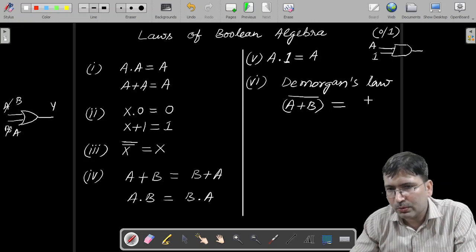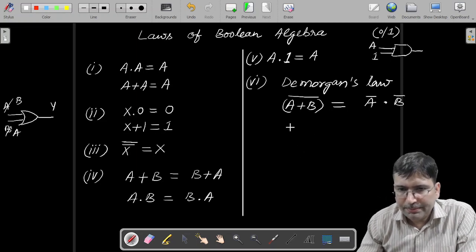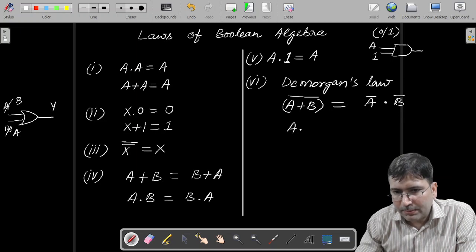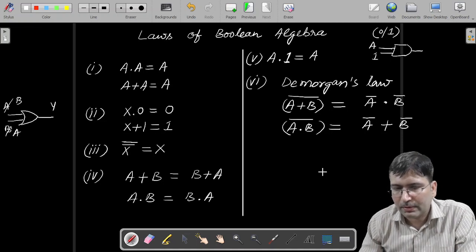If we do so, we can write the same thing as a complement dot b complement. And if we complement a dot b, then this will be equivalent to a complement or b complement.